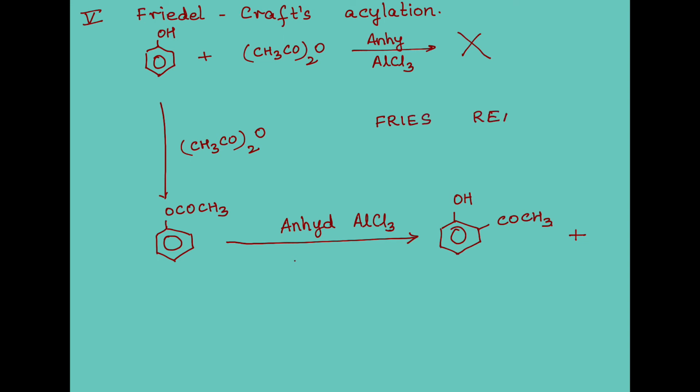We are not going into the details of the mechanism. I am just helping you to keep it simple and able to recall. So what has happened over here? The hydrogen from the benzene ring, OH, and they have swapped places. So COCH3 becomes attached to the ortho, and of course our favorite, para position.